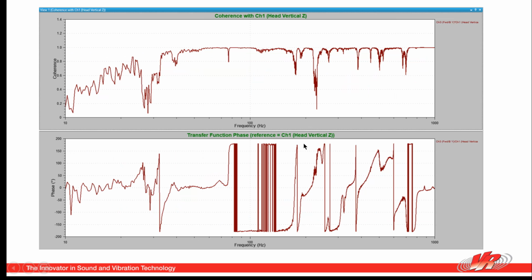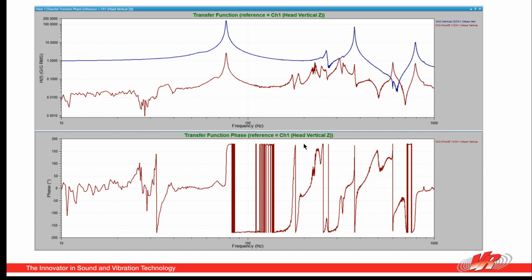If we go to the random world, the plots of coherence teach you some of the same things, and the plot of the transfer function phase, or the transfer function, if we just take a look at that a moment, channel 3 and channel 2 are not matching, except for here, channel 3 has a resonance, and in this area here, about 300 hertz, we're seeing some motion in the channel 3 axis that is similar to some of the vibration in channel 2 world.